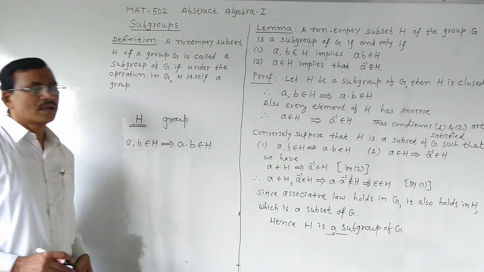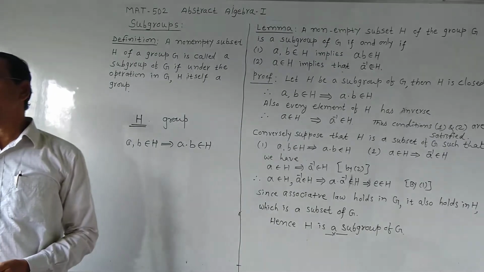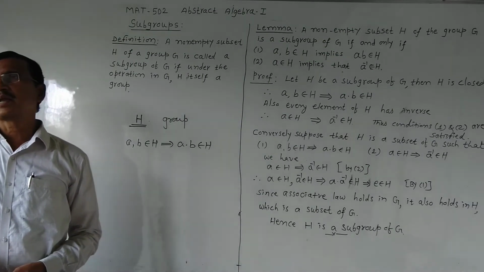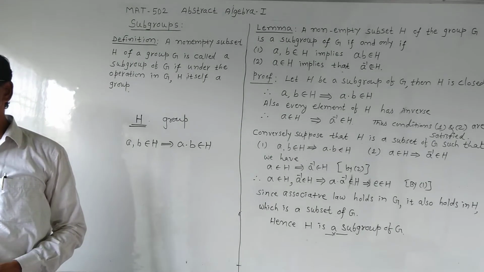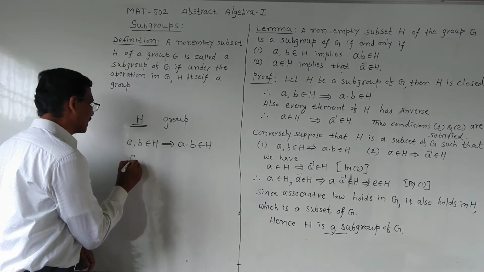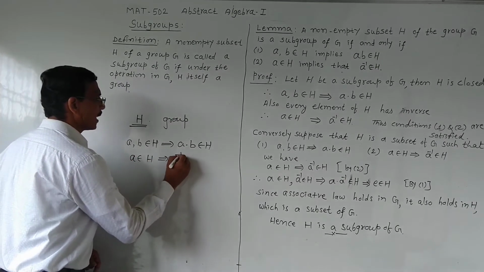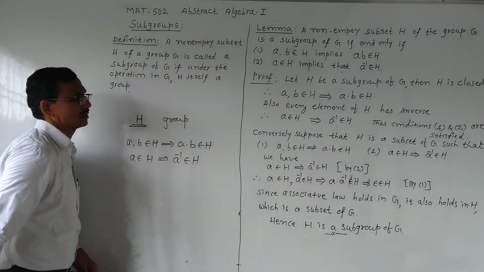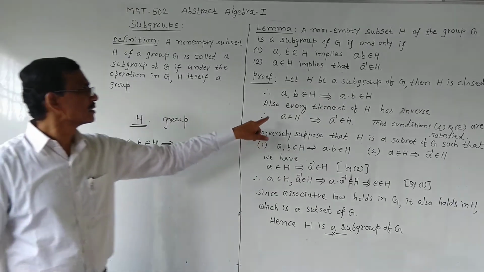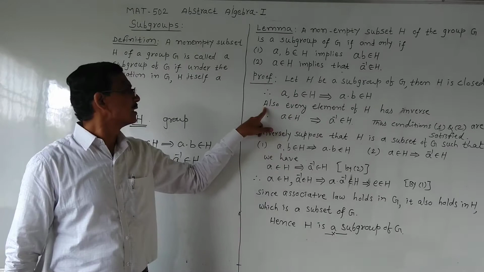Similarly, associative property also exists, identity element also exists, and inverse element exists. Inverse element exists means a belongs to H implies a inverse belongs to H. That means this is the required second condition.